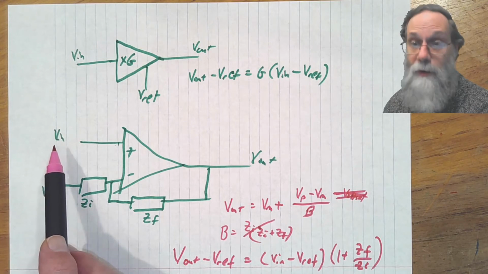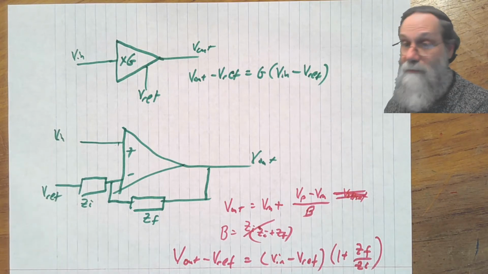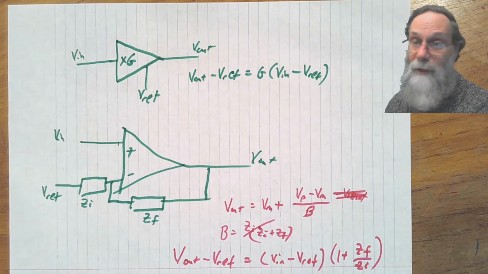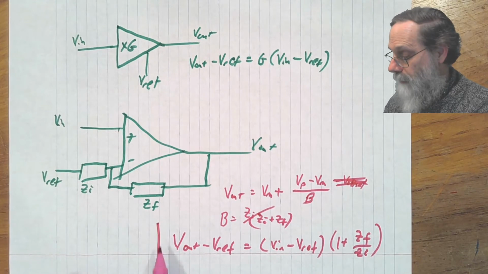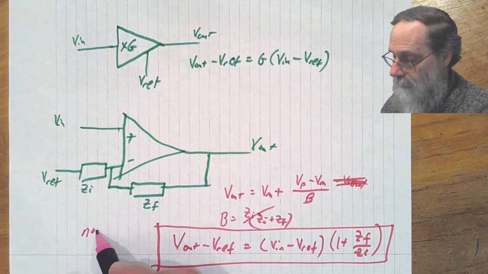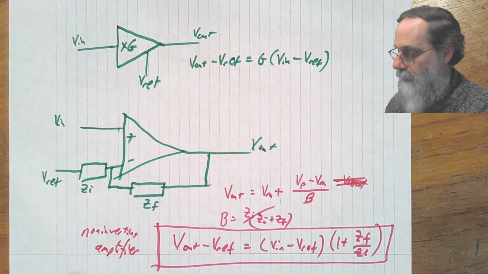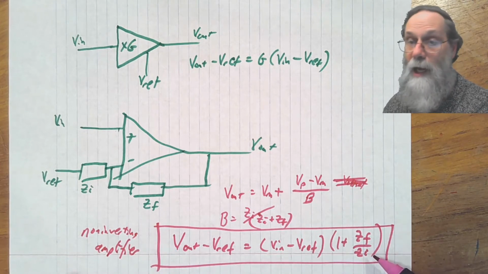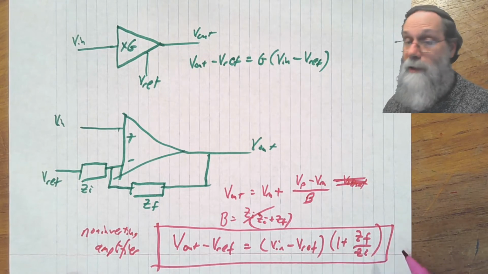I believe we're subtracting that from V in, so just subtract it off from V in if you have V offset here. That's the only place V in occurs. All right, this formula is the formula for a non-inverting amplifier. If ZF and ZI are resistors, then this is going to be a positive number. In fact, it's going to be a positive number bigger than 1.